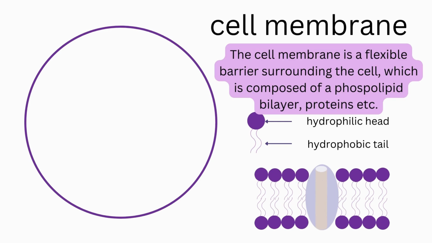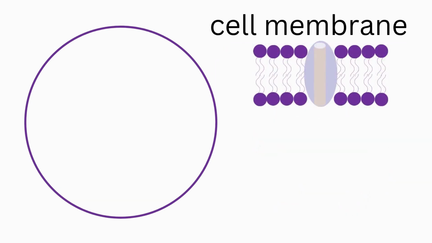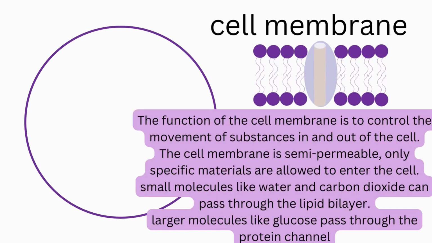The function of the cell membrane is to control the movement of substances in and out of the cell. The cell membrane is semi-permeable, meaning only specific materials are allowed to enter the cell. Small molecules like water and carbon dioxide can pass through the lipid bilayer, but larger molecules like glucose pass through the protein channel.